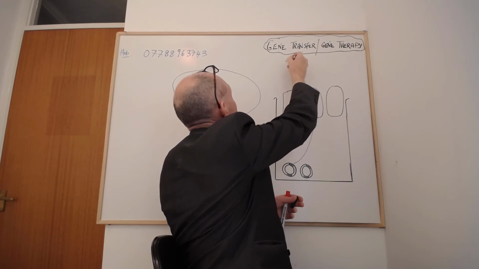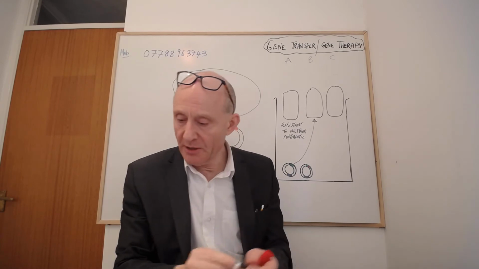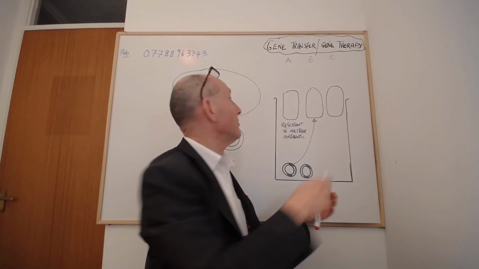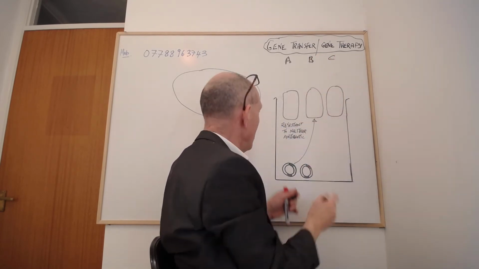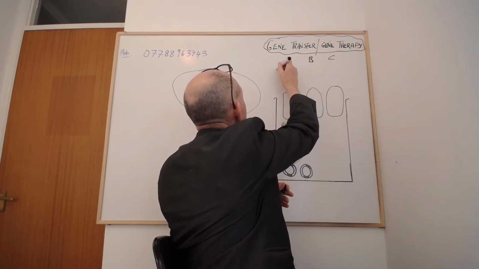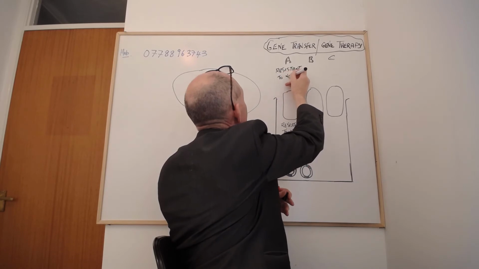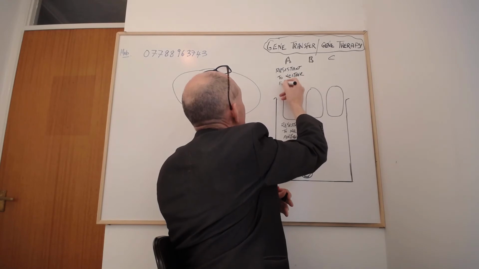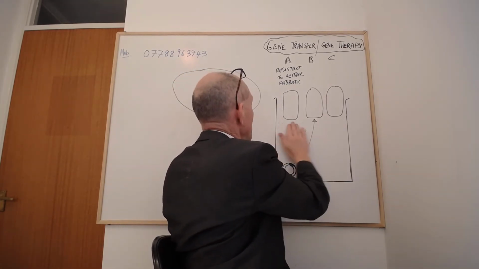A, B, and C. And we'll write: resistant to neither antibiotic. So that's bacteria A.